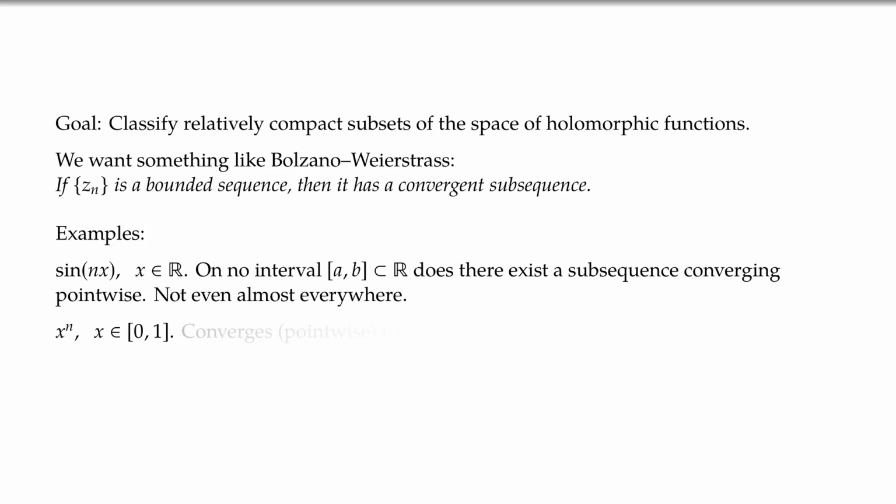Right? So it converges, but to a discontinuous function. It does not converge uniformly. So those are a couple of examples of what we're dealing with. Both of these are, of course, bounded sequences of bounded functions. I'll say a little bit more about what we mean really by bounded.